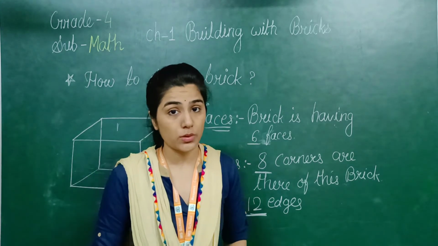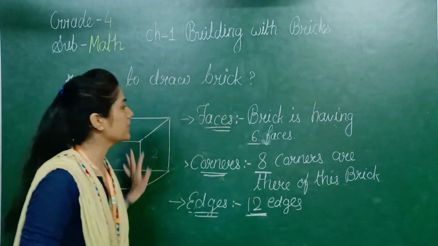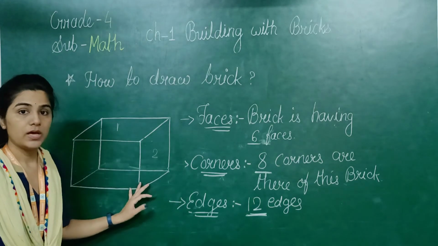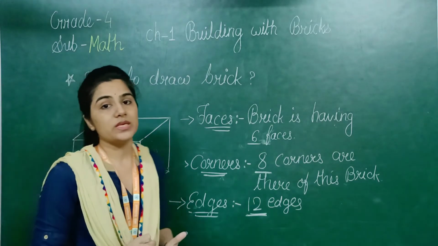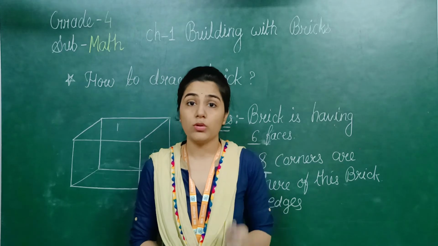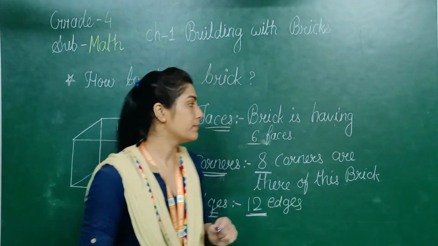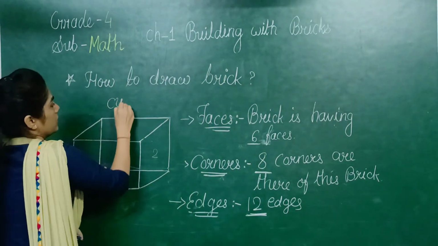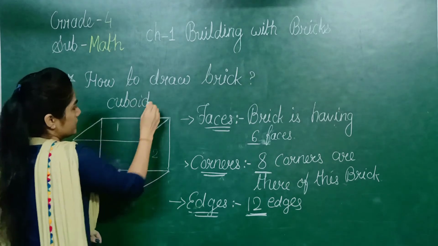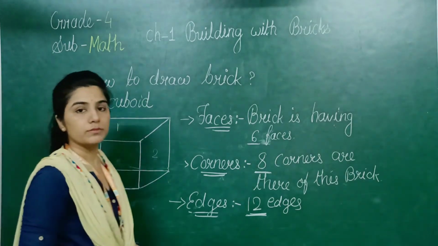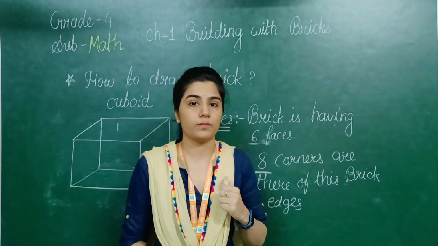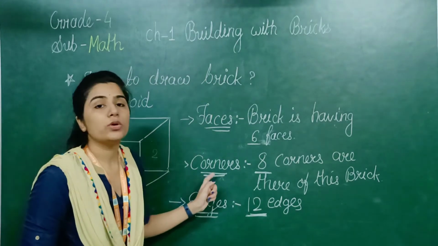For the unit test also. So this is the mechanism of the brick, right? I am explaining again. A brick has a rectangular shape. Also we can say that a brick has a cuboid shape. This is a cuboid shape, because it's in solid form. Now how many corners?